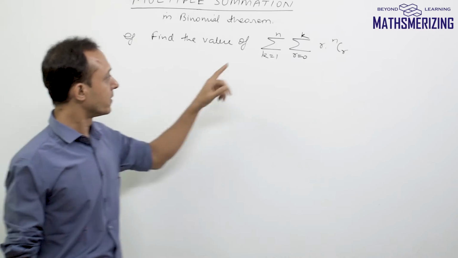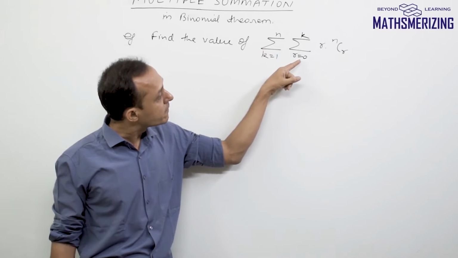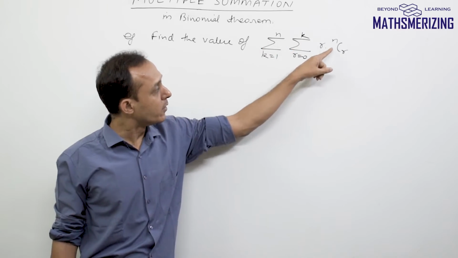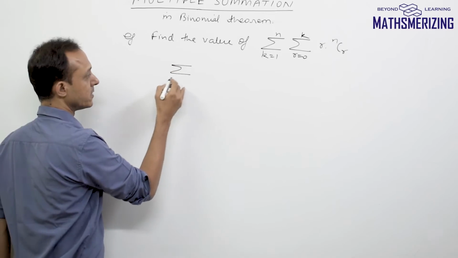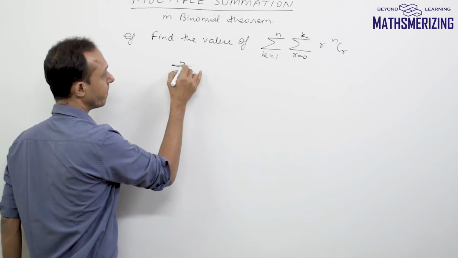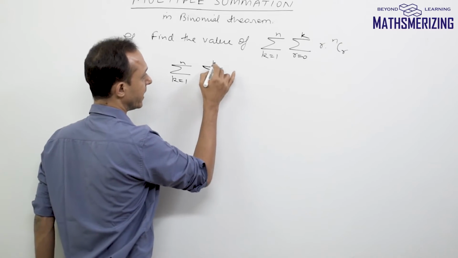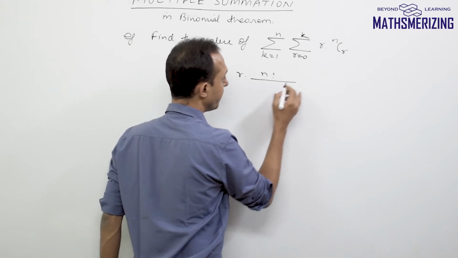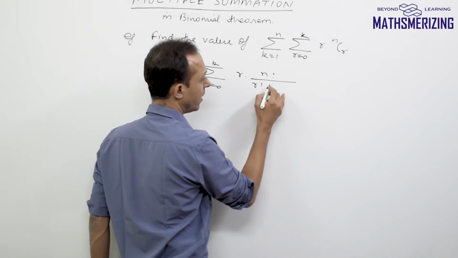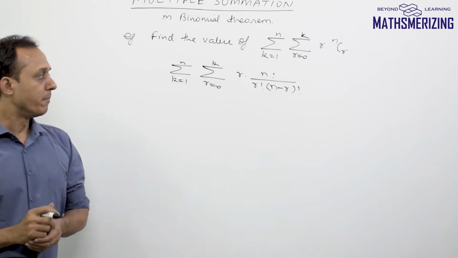Find the value of this double summation, where k varies from 1 to n and r varies from 0 to k, r into nCr. So I'll write it as summation k varies from 1 to n, and summation r varies from 0 to k, and I'll write r times factorial n over factorial r, and then factorial n minus r.